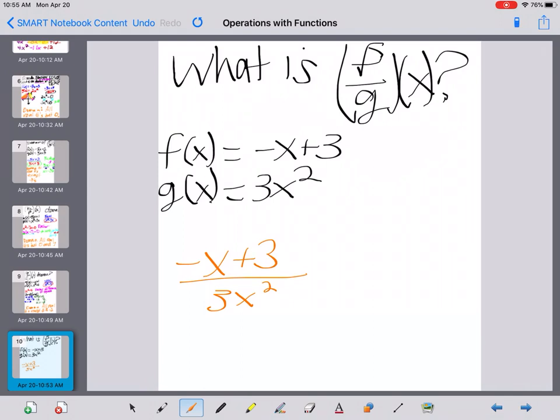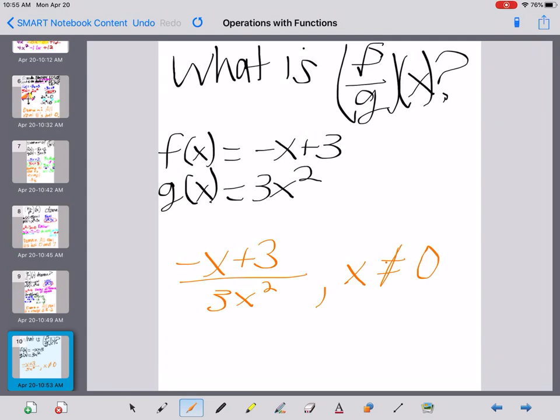Now, that's not the full answer, though, because we need to indicate, just like we've been doing, what x cannot equal. Okay? So, what x cannot equal, so I would have this, and then I would do comma, and then I would have to specify that x cannot equal 0.